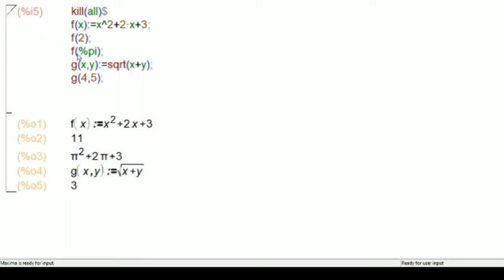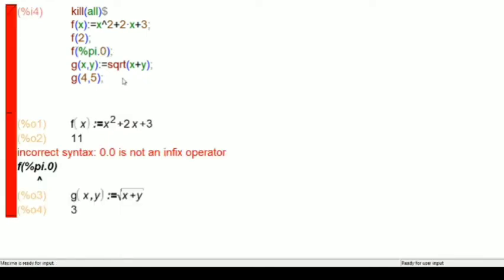Similarly, for the value of the function at pi, it takes pi square plus 2 pi plus 3 because it has been given x equal to pi. Now if you use the float command or dot 0, what happens? Dot 0 is not an infix operator, so it will not work.